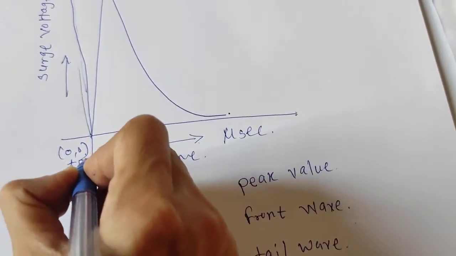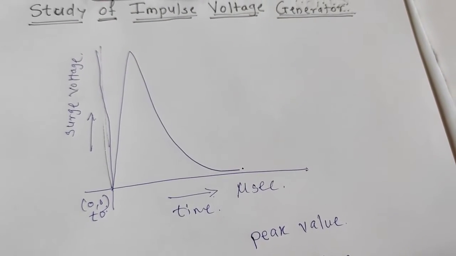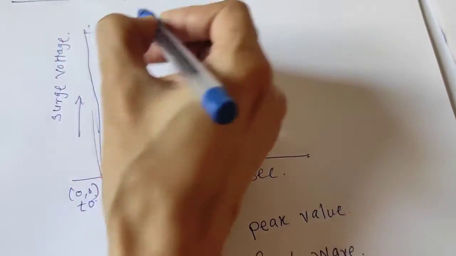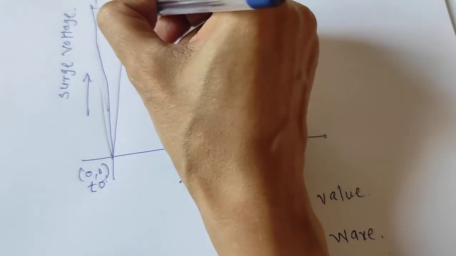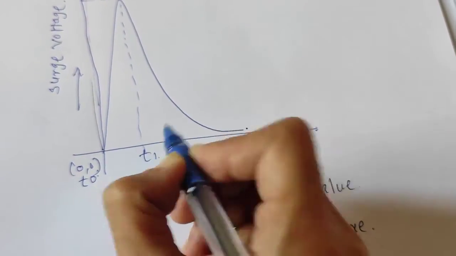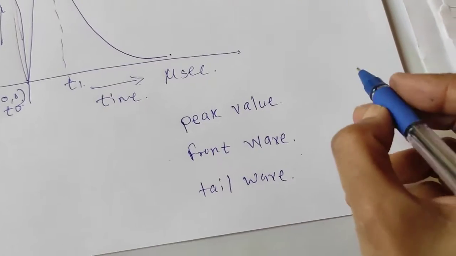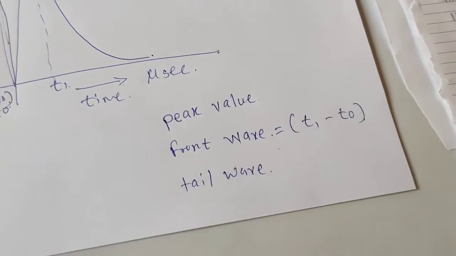Now this is time t0. Now the time required for the wave to reach its peak value is called the front wave. Suppose this time is denoted by t1, then front wave is equal to t1 minus t0.